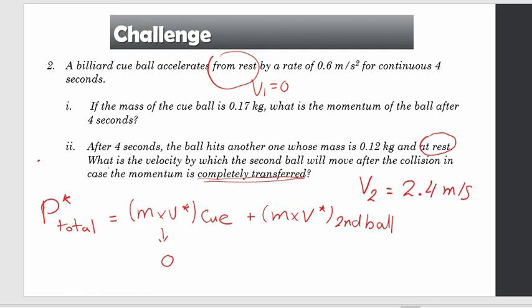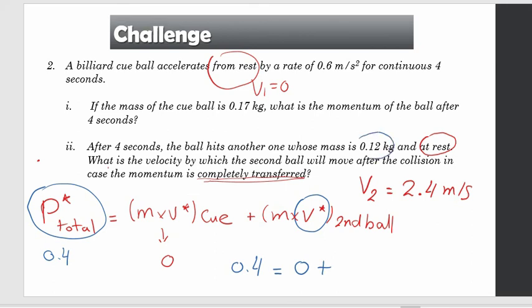Here, all we don't have is the v star, which is the velocity of the second ball after the collision. And how can we find that? The total momentum after the collision is exactly equal to before the collision, which was 0.4. So this equation is summarized as 0.4 equals 0 plus the mass of the second ball, which is 0.12, multiplied by v star.